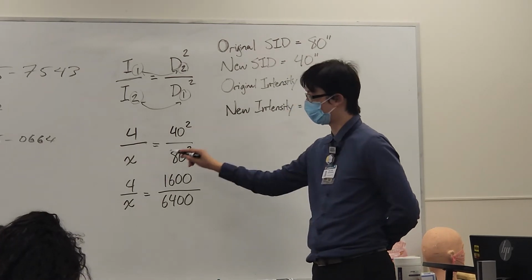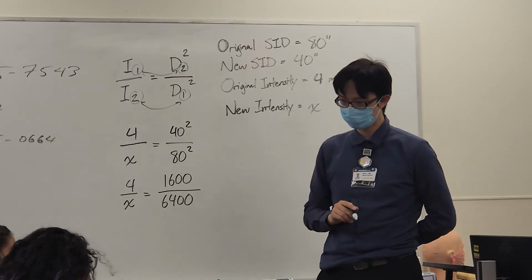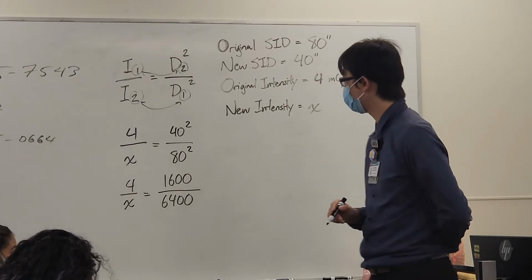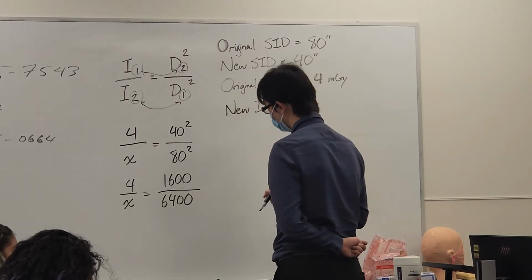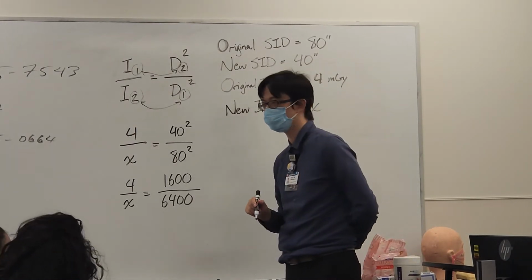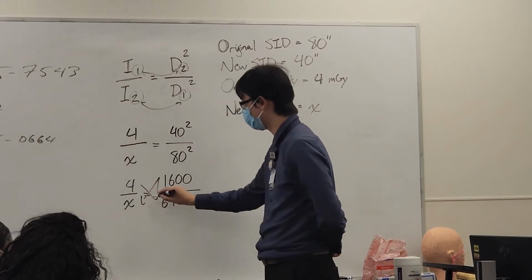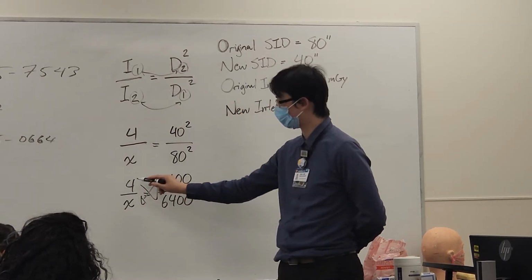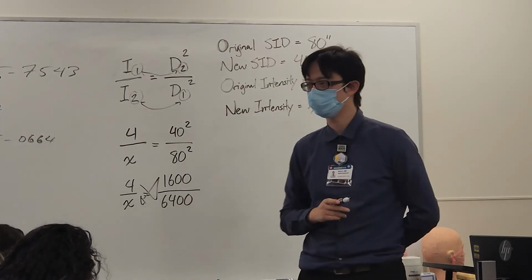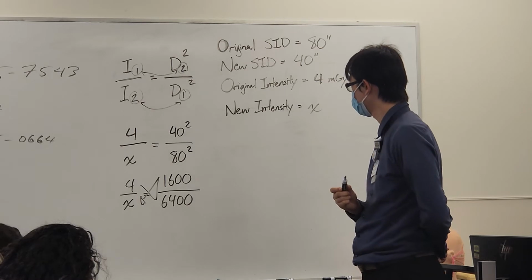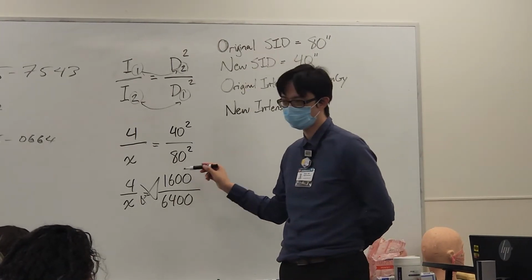Does this look familiar? Yes, we did this last week, and we said we can just cross multiply here. So I'm just gonna do my lazy way. I'm gonna take my 4 and multiply by 6,400, and now I'm gonna divide by 1,600.